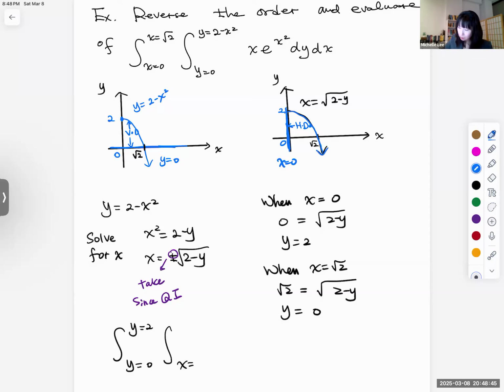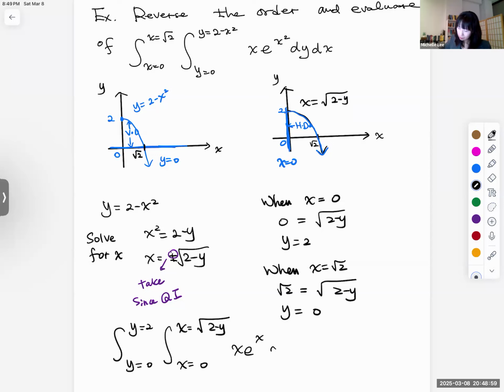And then e to the x squared dx first, then dy, right? We change that. Okay. I think we did this one earlier, this way. Yeah. Okay.